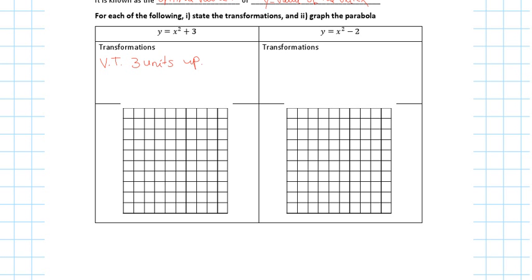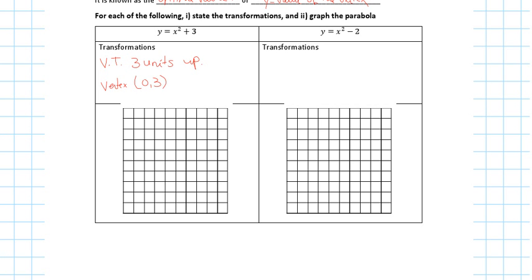What point do we need to start with? The vertex. Okay, what's the vertex here? 0, 3. Because remember, the k affects the y value of the vertex.